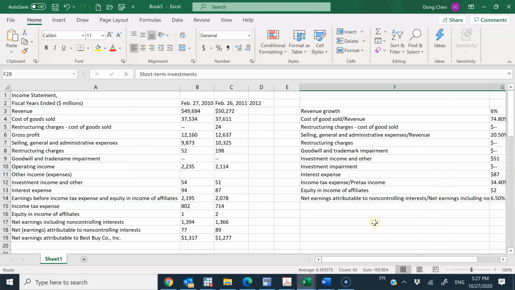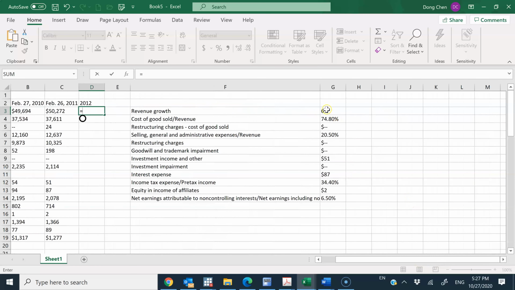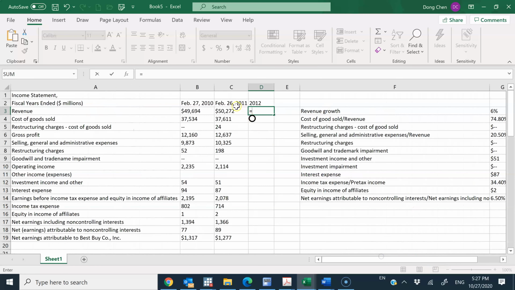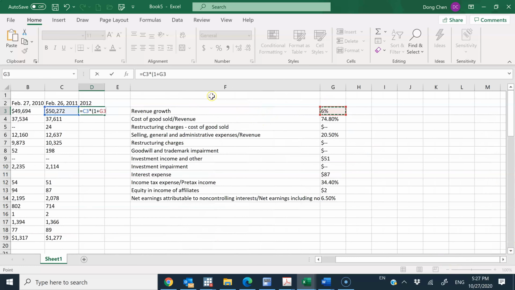All right, so now we can start. And of course, as we talked about in this module, in terms of forecasting, we should start from the income statement, particularly sales. That's the engine for the whole process. Because the revenue growth is assumed to be 6%, we can use the current sales times 1 plus 6%.